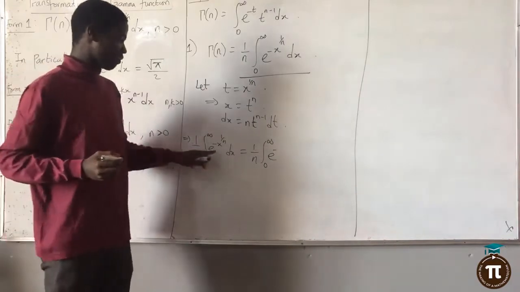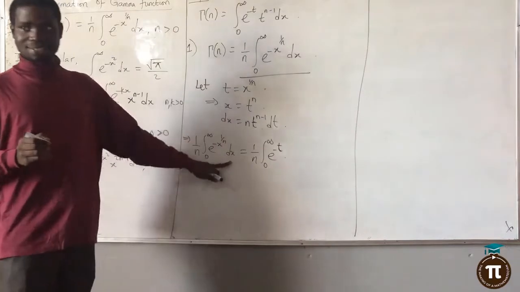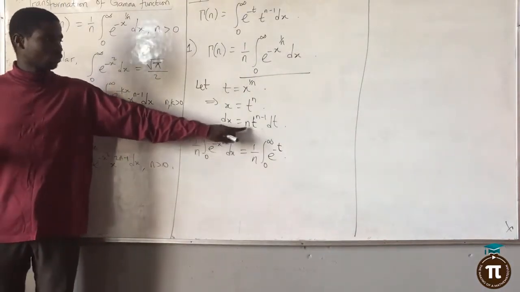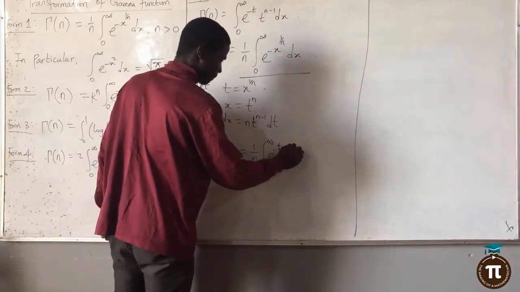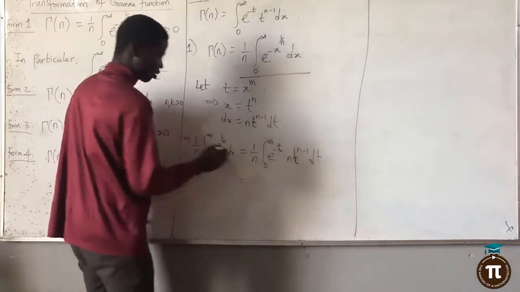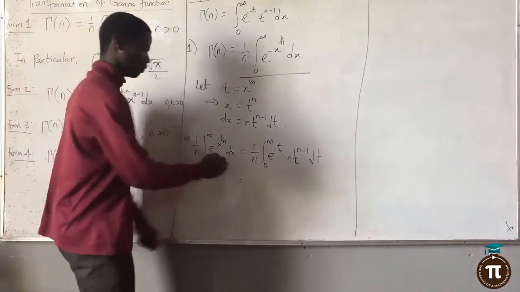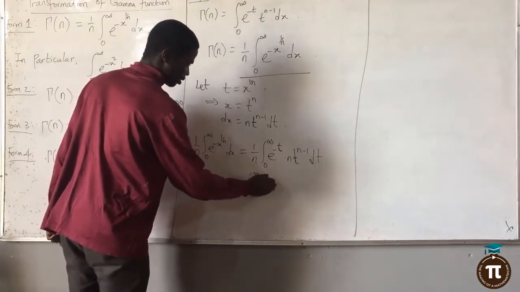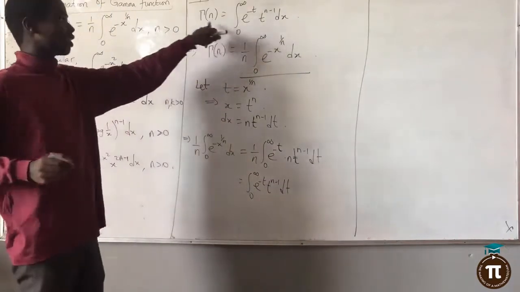So that means I have e raised to power minus t multiplied by ds, and ds is equal to n t raised to n minus 1 dt. So the n can come out. When the n comes out, it divides this n, so that I will be left with integral from 0 to infinity of e raised to power minus t, t raised to power n minus 1 dt. And that is exactly gamma of n.